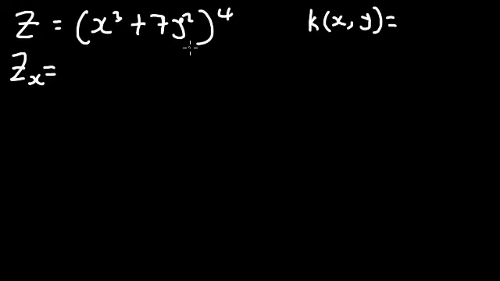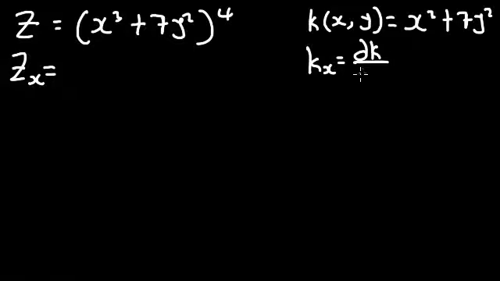Well, that is simply the inside function, which means in this case, that will be equal to x to the power of 3 plus 7y squared. So now, let's find the partial derivative of k with respect to x, which is k sub x, or in other words, partial k partial x.